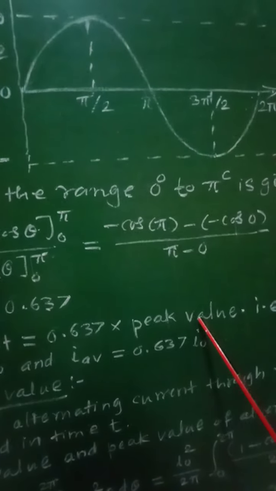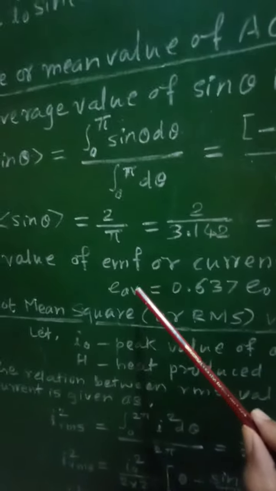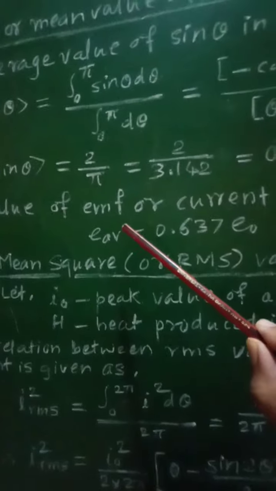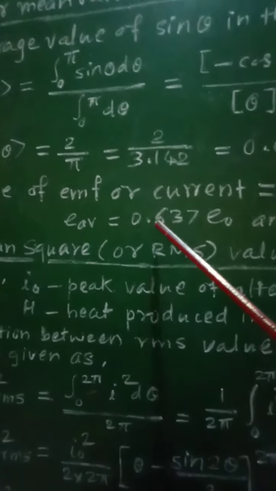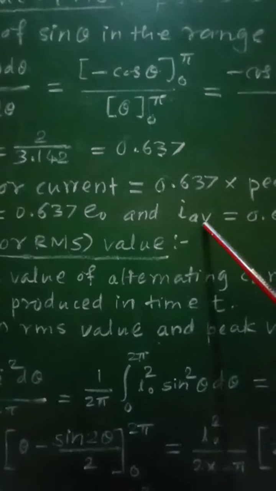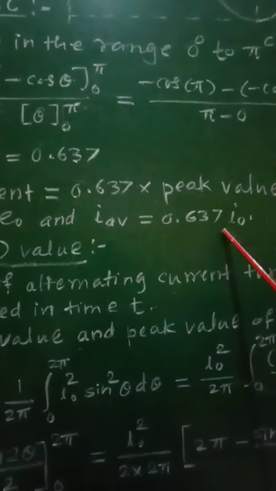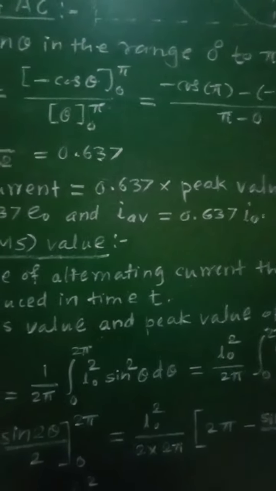That is, E average, the average value of EMF, equals 0.637 E0, and the average value of current, I average, equals 0.637 I0.